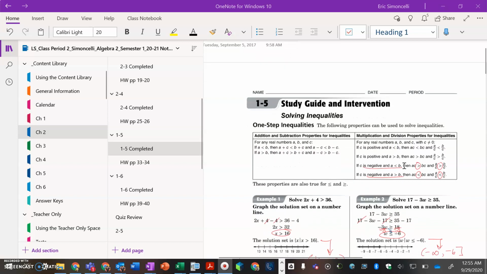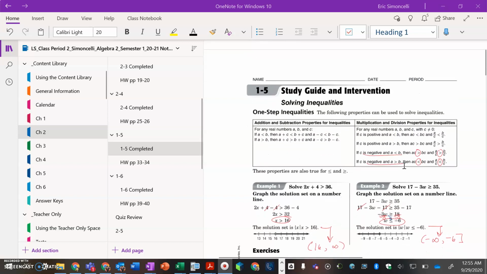The multiplication and division properties for inequalities are as such. When you divide both sides by a negative, and multiply for that matter, that's the biggest nuance, where the inequality flips from less than to greater than. Starting with a is less than b, multiplying both sides by c will flip the inequality from less than to greater than.